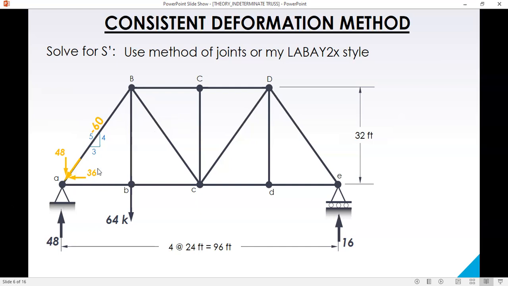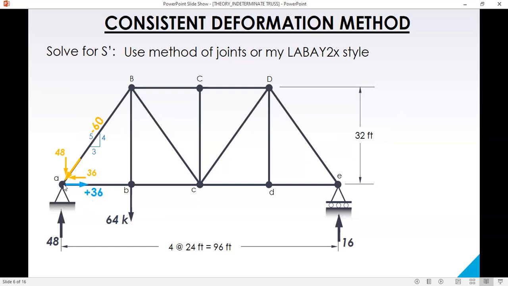Okay. Next, we will balance the horizontal forces. We have negative 36. So we need to balance this force by a force directed to the right. And so that horizontal forces become 0, this must be equal to 36 also.